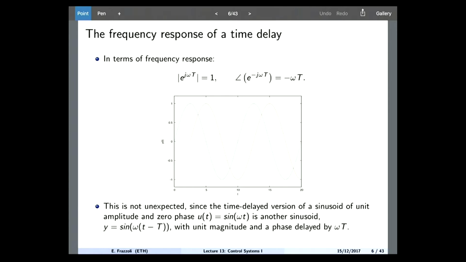This is not a control systems question, this is just a matter of complex numbers. So this is the unit circle. In particular, this point will be here, where this angle is exactly omega T.